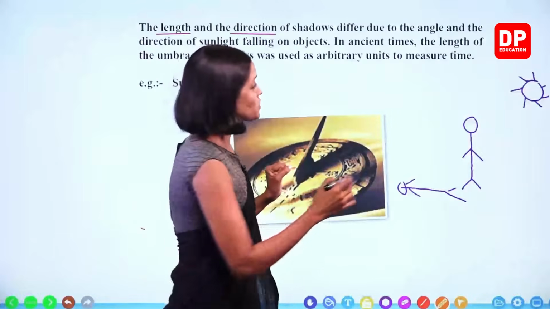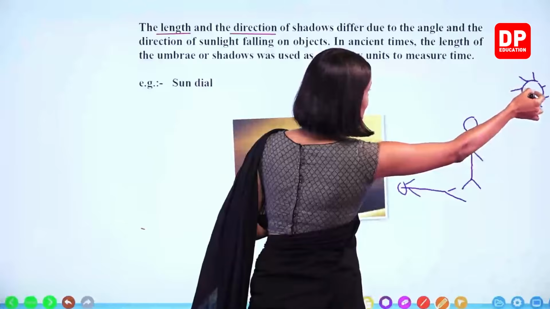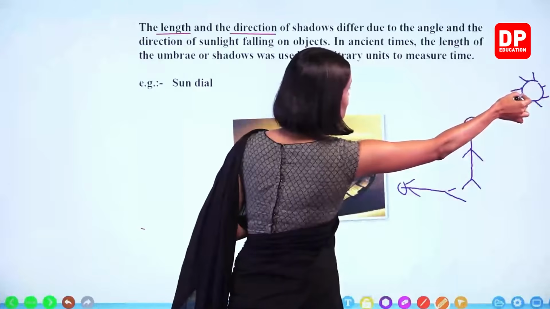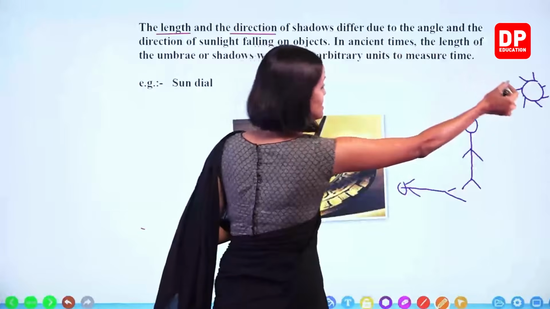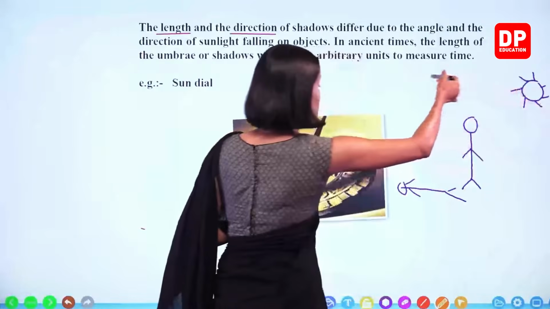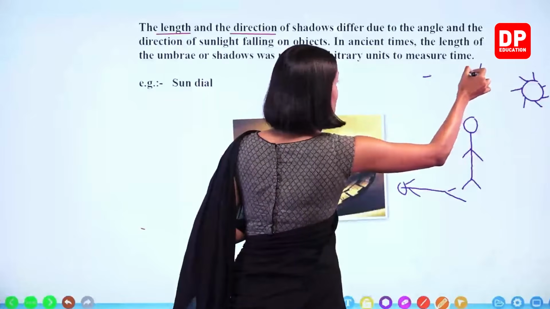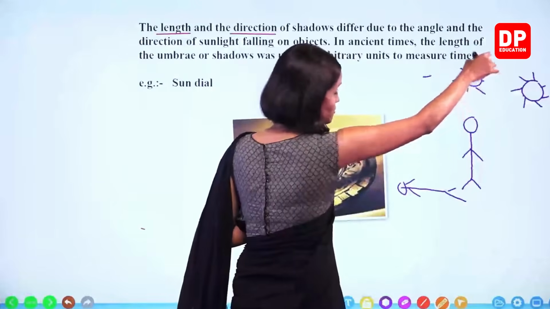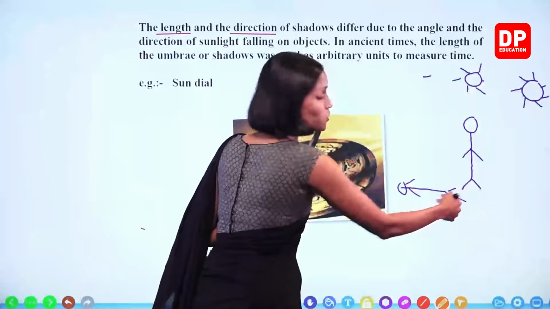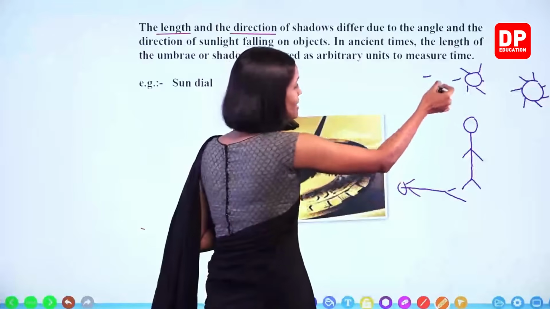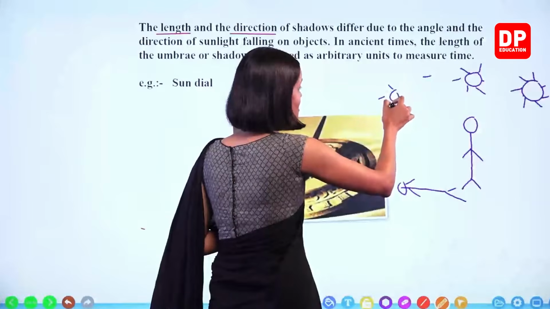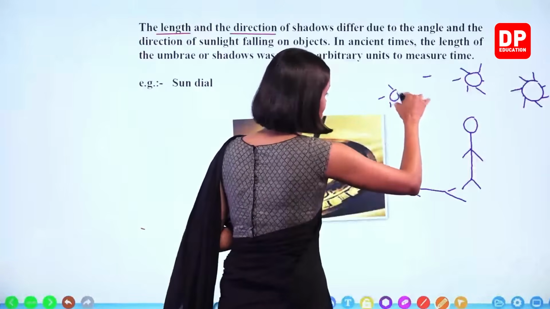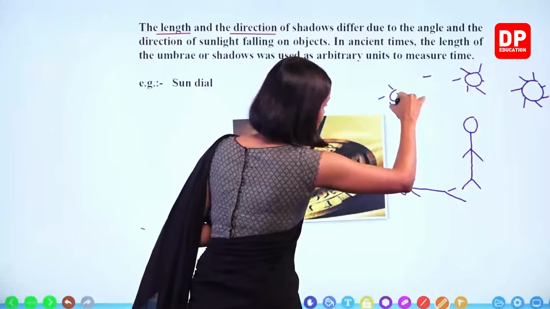Okay, children? So here, let's say that during the daytime, the sun moves from here to here. Let's consider the sun is moving from this direction to this direction. Right? What happens during the noon? Because the sunlight falls overhead, the shadow is very short. Okay? Again, during the evening, what happens? Because of the revolution, what happens, children?